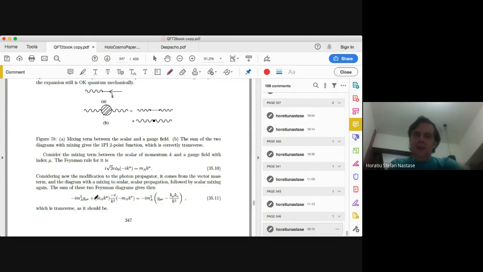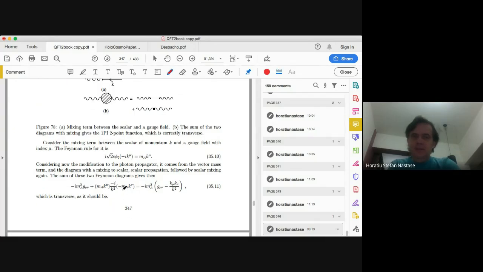And then plus the mixing, M_A k_μ, times the propagator for the complex scalar, minus i over k squared. The scalar, the Goldstone boson, is massless, so it's minus i over k squared, times the mixing, but now it's in the other direction. So now it has a minus sign.